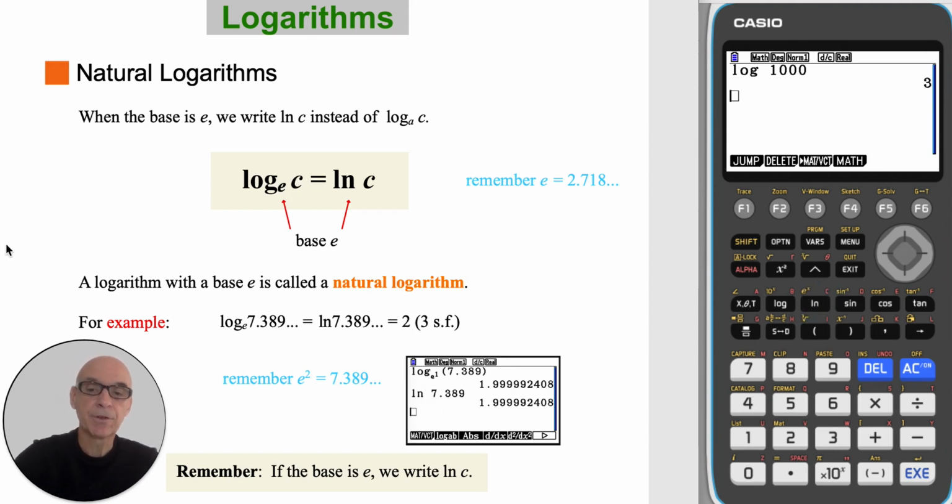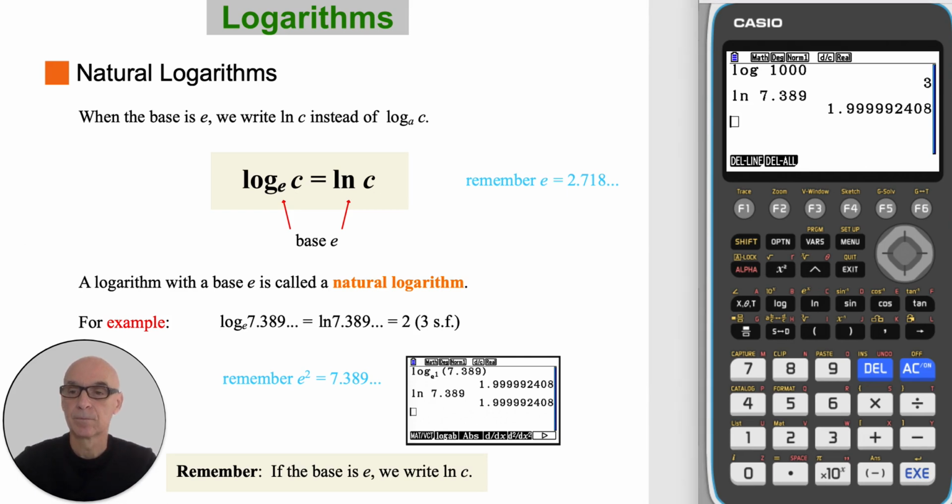For example, the natural logarithm of 7.389 is approximately equal to 2, which is the power that you must raise e, so 1.999992408, in order to get a value of 7.389.